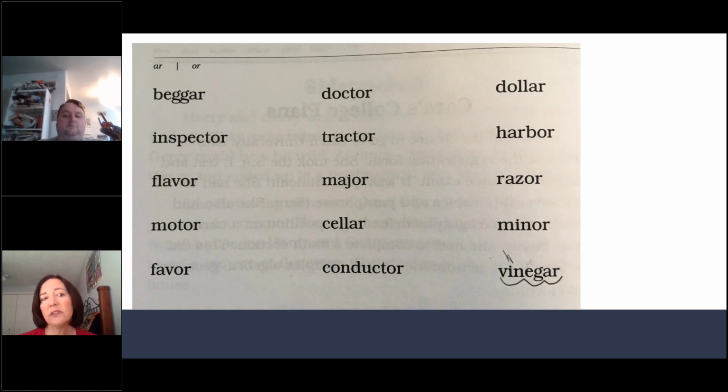These are real words. When we turn the video off, I want you to practice, and I want you to remember that the AR and OR at the end will say /ɜr/. When we turn it back on, I am going to read these words aloud because this is a little more difficult list. Go ahead and turn the video off and practice.